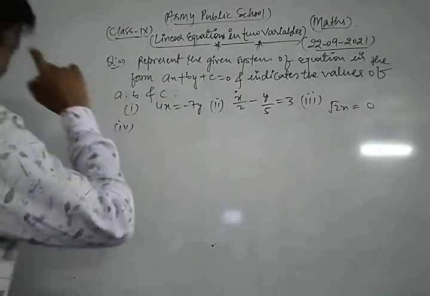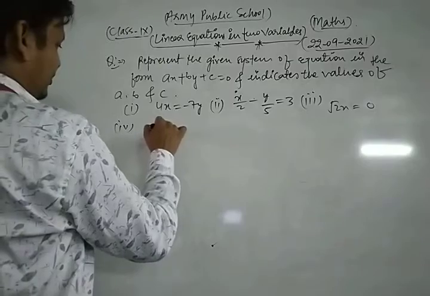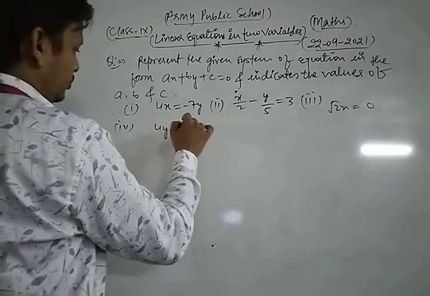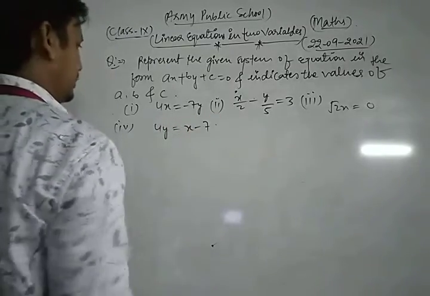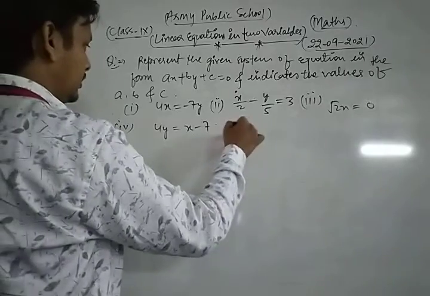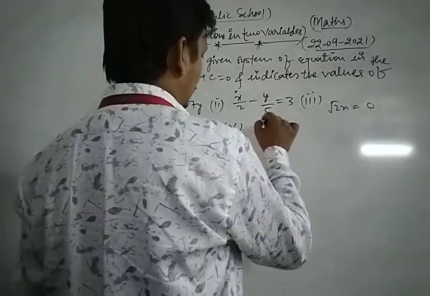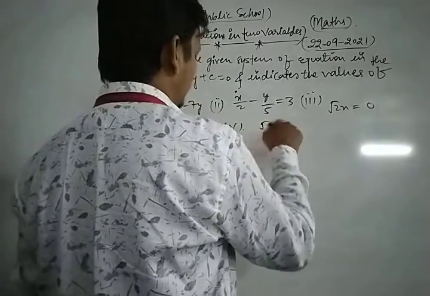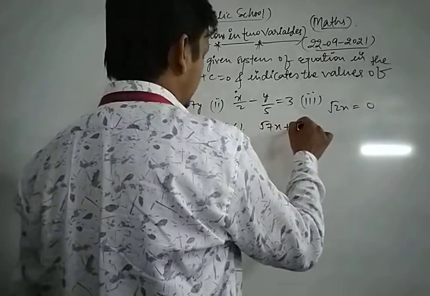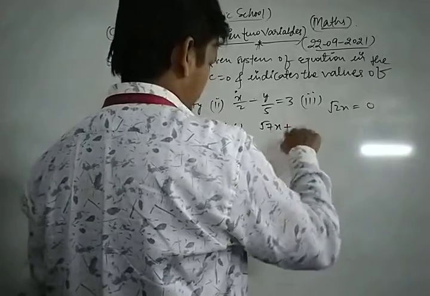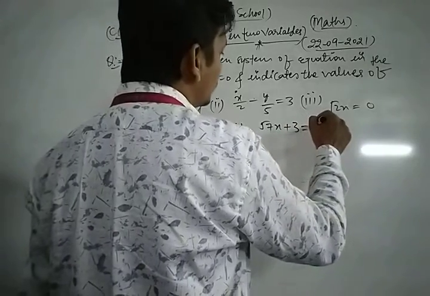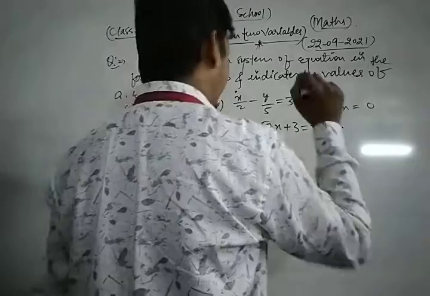Fourth one, 4y is equal to x minus 7. And the last one, under root 7x plus 3 is equal to minus 5.